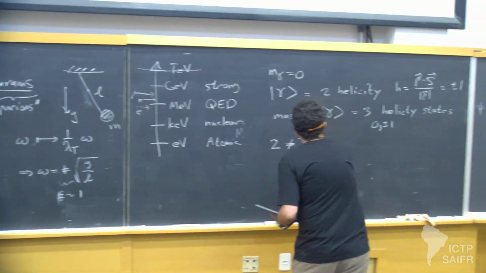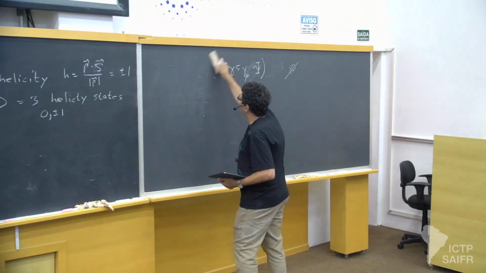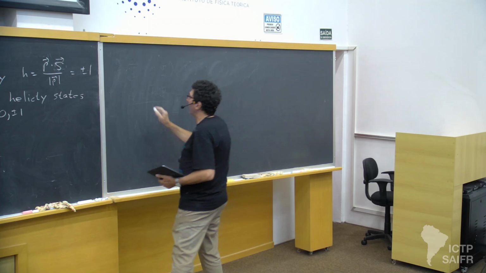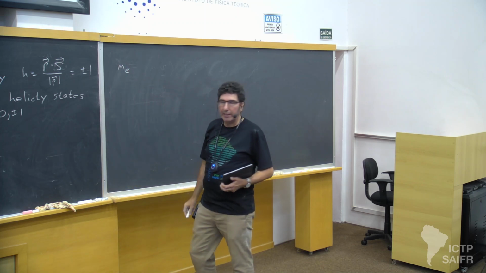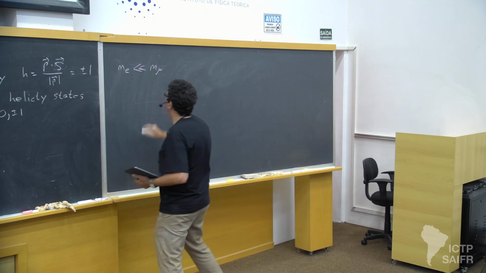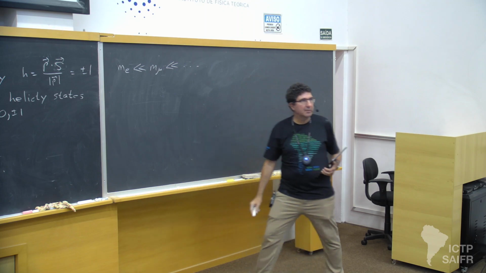Okay, let's talk about something a little less obvious. I'm going to pick the electron mass. I know that the neutrino masses are lighter, just hold your horses. But the electron mass is smaller than the muon mass, and that's smaller than many other things in the standard model.